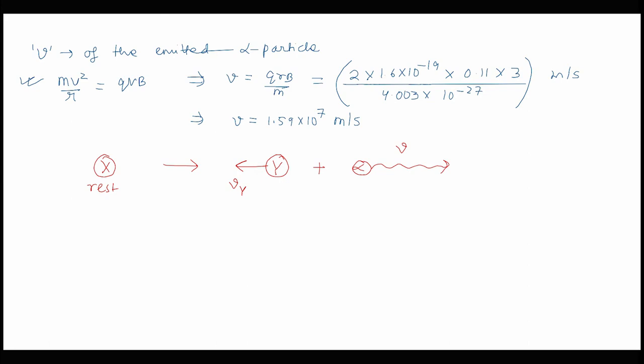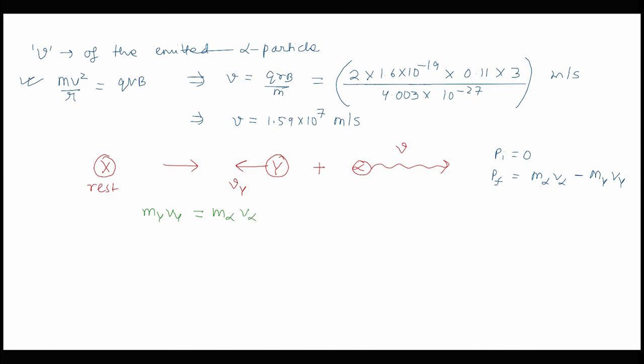If we apply momentum conservation over here, the initial momentum is equal to 0 and the final momentum will be equal to the mass of the alpha particle times the velocity of the alpha particle in the positive direction, minus the mass of Y times the velocity of Y, which is in the opposite direction. If we equate the two values of momentum, I can write mass of Y into velocity of Y is equal to mass of alpha particle into velocity of alpha particle.